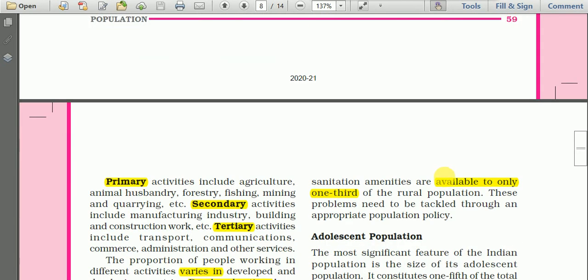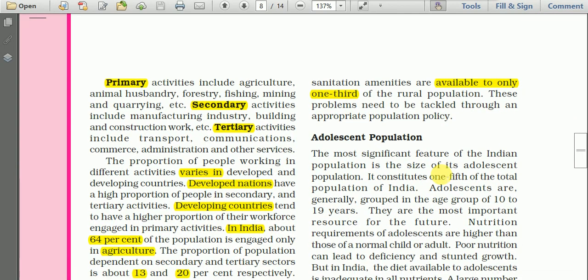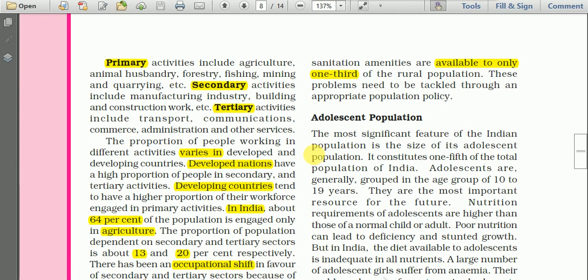Primary activities include agriculture, animal husbandry, forestry, fishing, mining, and quarrying. Mining means the process of taking out mineral ores from the earth's surface or interior. Quarrying means the process of extracting stones from the earth's surface.